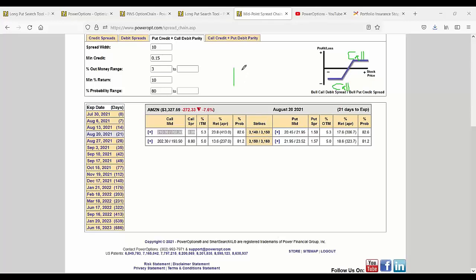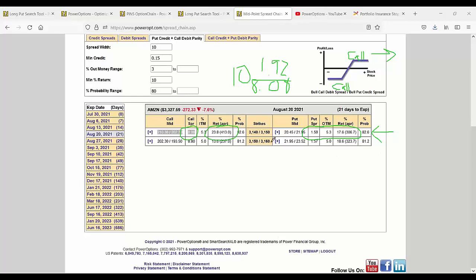So if I get the 10 points back, if the stock stays above those strike prices, and I can get the midpoint of 808, that means I'm going to have a profit of 192 for an 808 investment, or 23.8% return. As opposed to a $1.50 net credit expiring worthless and a 17.6. They have the same probability because they're the same short strike price. This is the parity trade view.